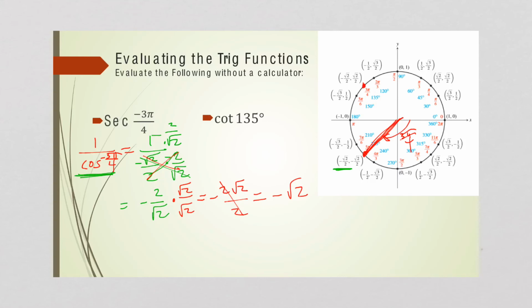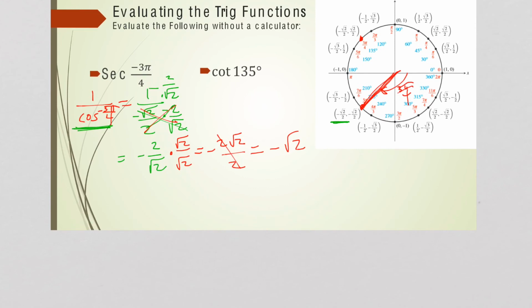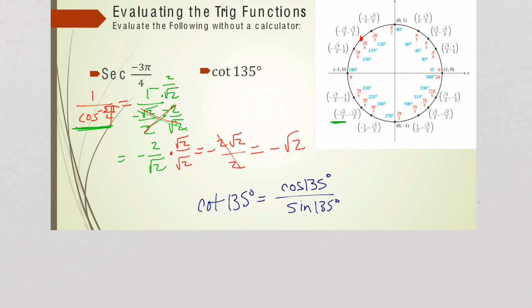So for our next question, cotan 135 degrees, we're going to move down a little bit. We're talking about the cotan of 135. Remember, that is cosine over sine. So, if I look at where 135 degrees is, it's right here.